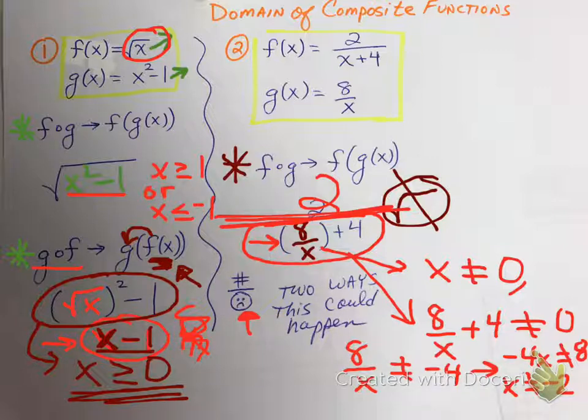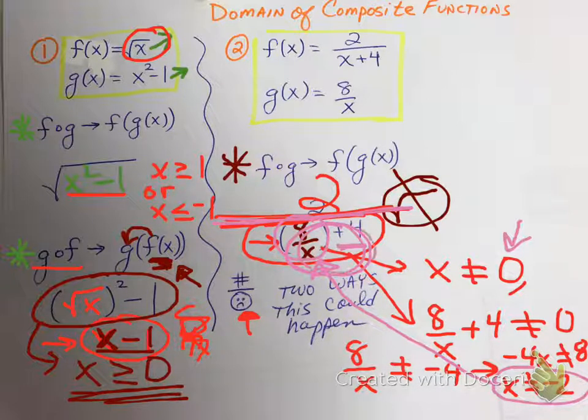Now just to show you how this works, first of all, x can't be equal to 0 because that will make the baby fraction 0. And x cannot be equal to -2 because if you let x be equal to -2, 8 divided by -2 is -4, and -4 plus 4 gives you 0, and it will make the ginormous denominator 0.